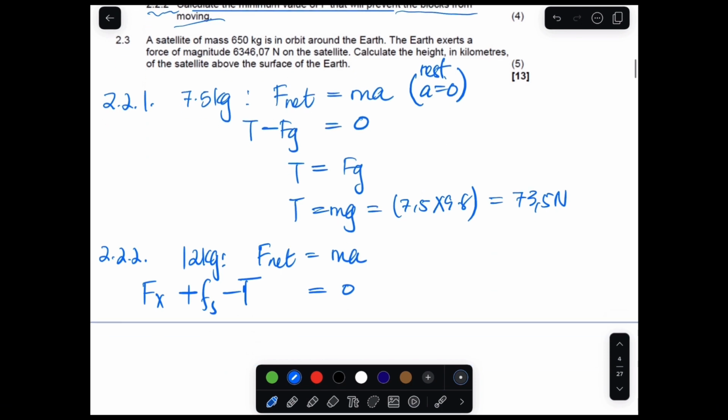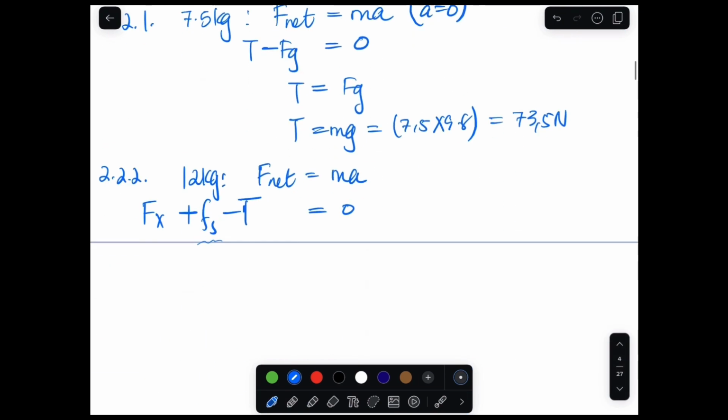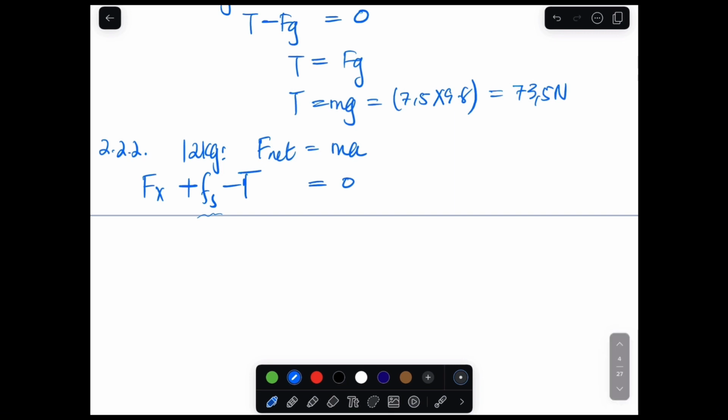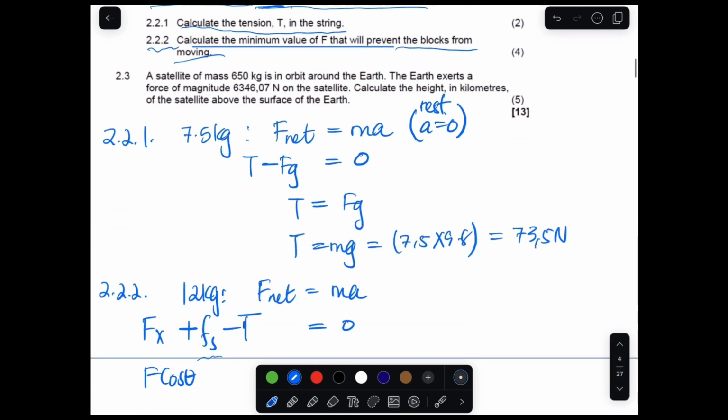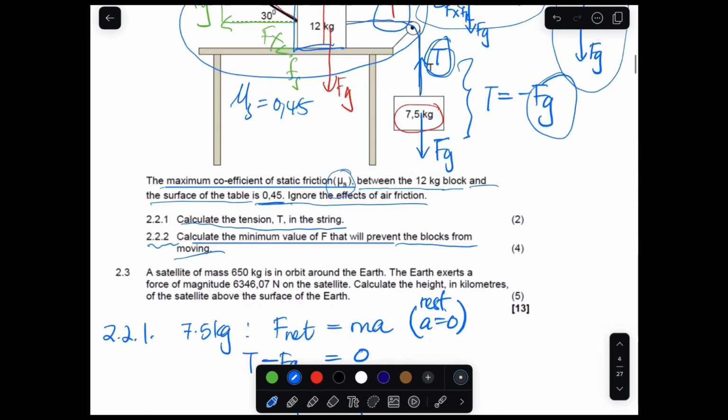Guys, go back to the video to see why the frictional force is positive, it's in the same direction as that. Rewind the video, that's what I'm trying to say. F cos theta. What are we looking for in this question? We're looking for the tension. Do we have a frictional force?